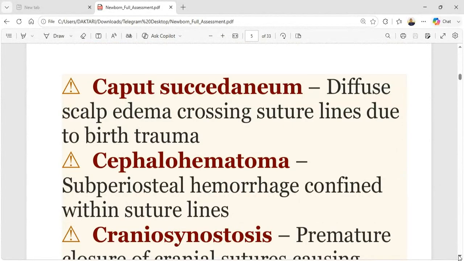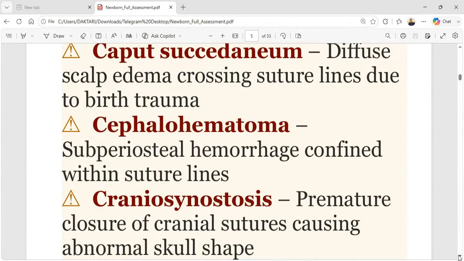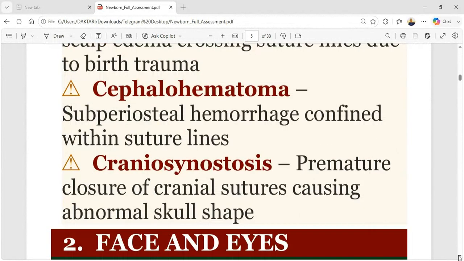Cephalohematoma is just next to the bone, hemorrhage on the bone surface, so it cannot cross the suture line. It stays on that specific bone. Cephalohematoma is an accumulation of blood clots in that place.